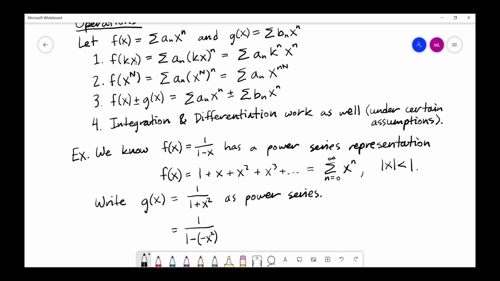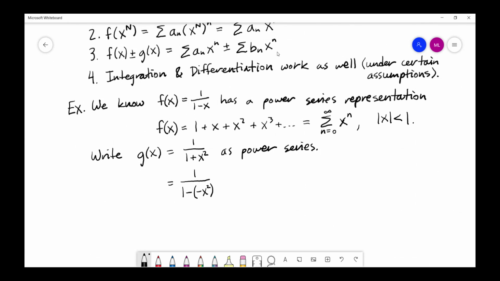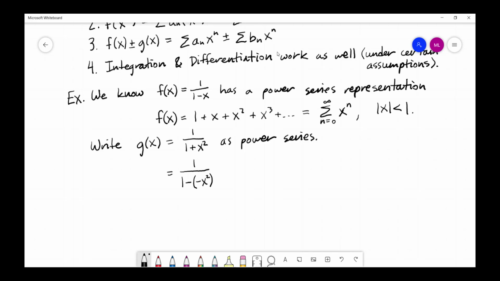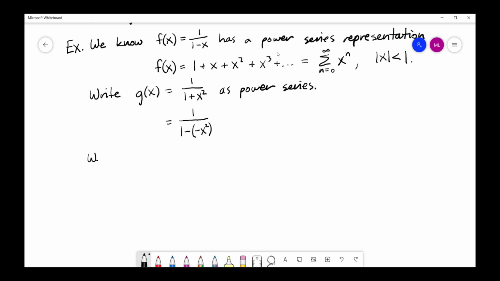I'm going to have a negative 1 raised to the power of n that shows up in here. So that's all we need to do. We just need to replace x in 1 over 1 minus x with a negative x squared.